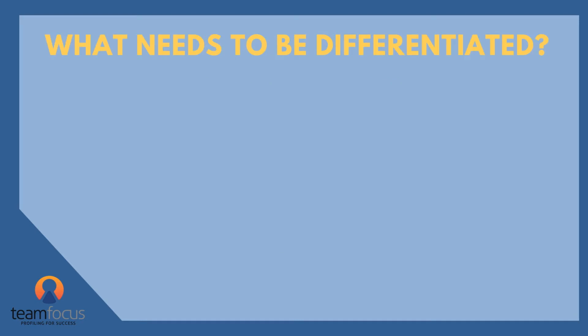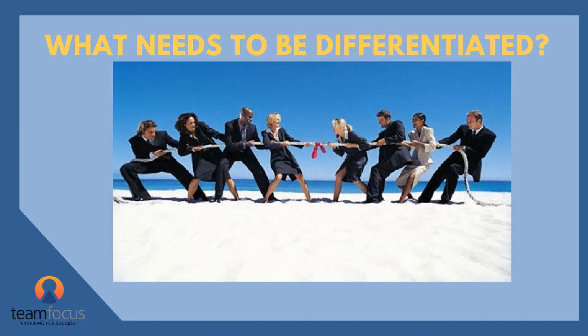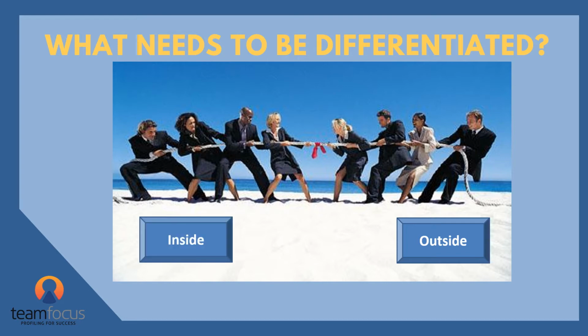In the first video, where I introduced type mapping, I made the case for recognizing a dynamic approach to personality using a tug-of-war metaphor. If one end represents the outside, the pressures due to circumstances, and the other end represents the inside, our inner nature, then in between is the result of that tension, which is our behavior, here represented by the red ribbon.